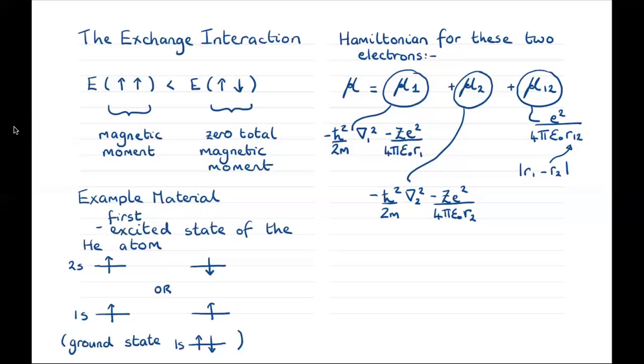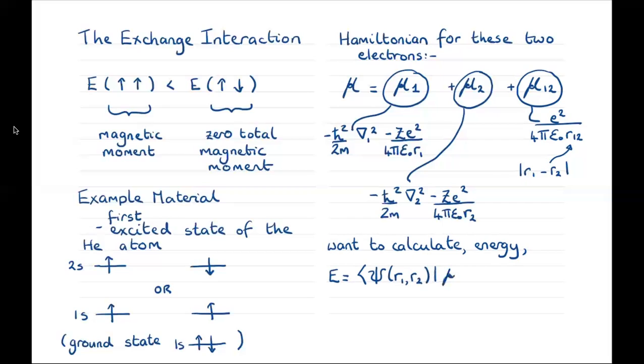So this is our Hamiltonian, and we want to calculate the energy, which we'll do in our usual way of taking the expectation value of the electronic wave function with this Hamiltonian. And this time, our electronic wave function is a function of the positions of both the electrons.